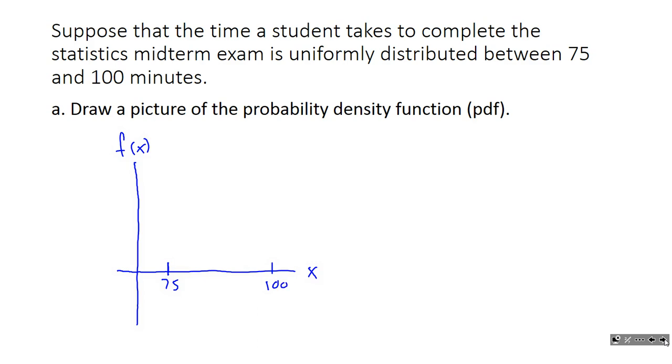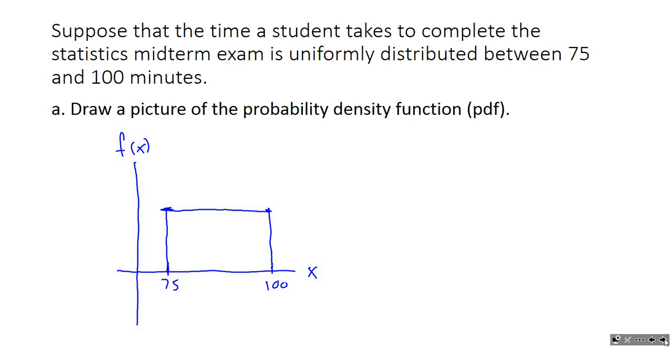So f of x will just be a horizontal line going from 75 to 100. Usually we drop down a left and a right hand border just to give it the appearance of a rectangle.